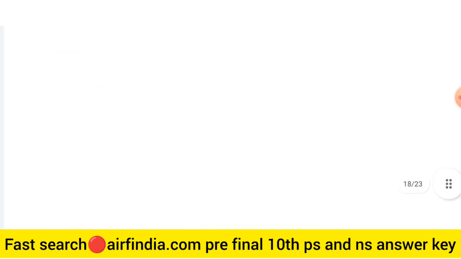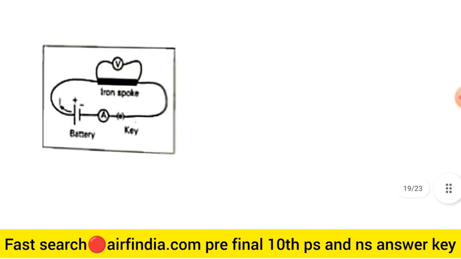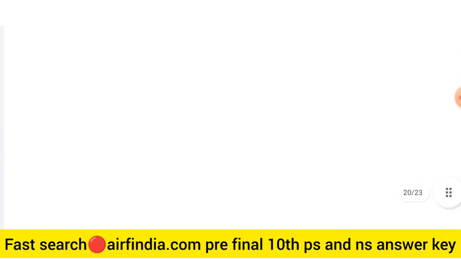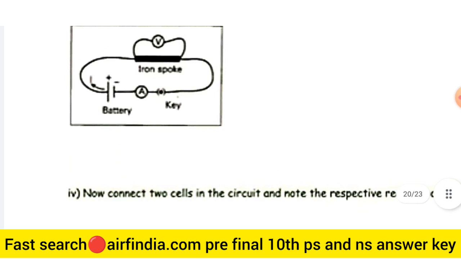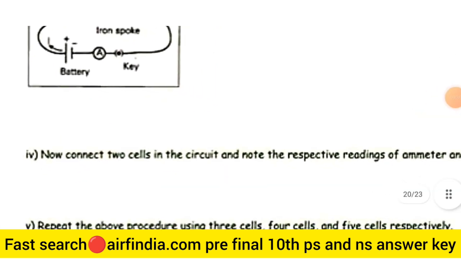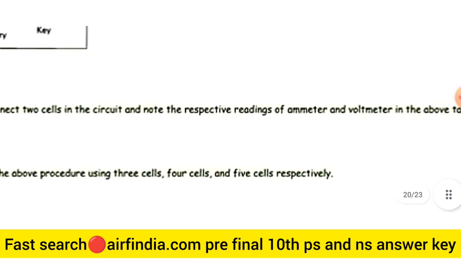Okay, and this is the iron spoke, this is the battery, and this is the key. Okay, make the diagram, learn this diagram. And the next is, now connect two cells in the circuit and note the respective readings of ammeter and voltmeter in the above table.